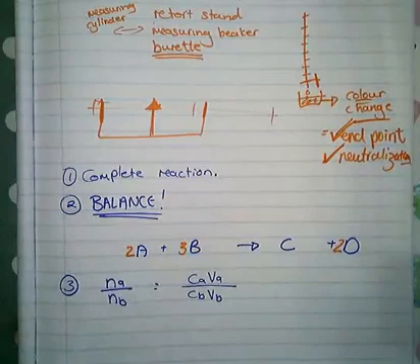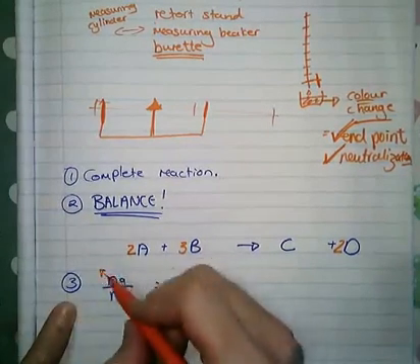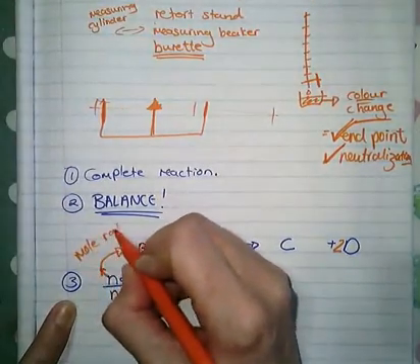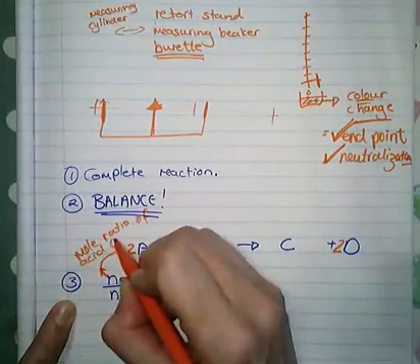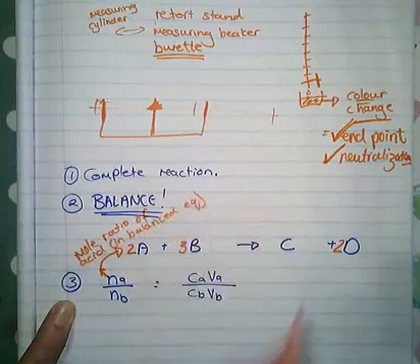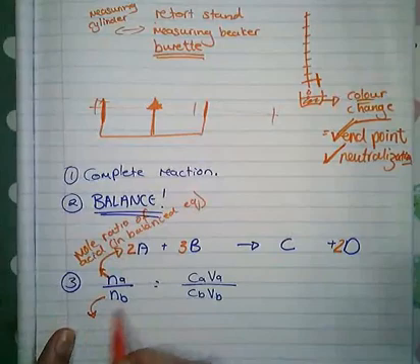Then this Nb is the mole ratio of the base as in the balanced reaction, right? So you see, we can't do any of these calculations without having balanced first.